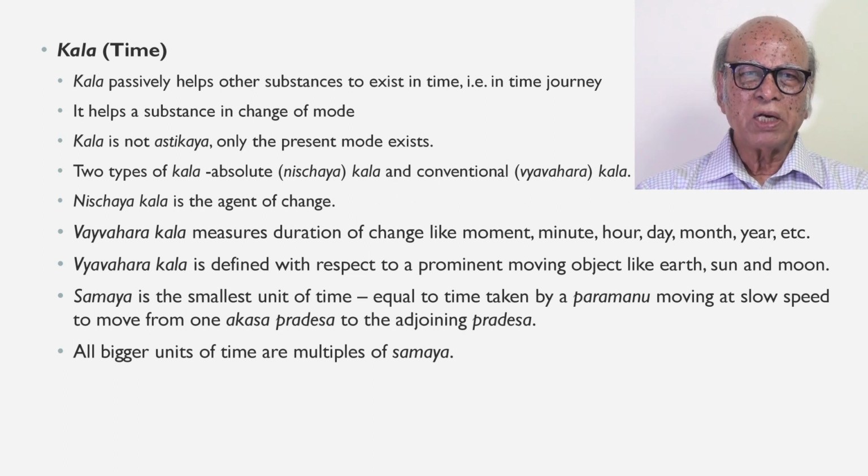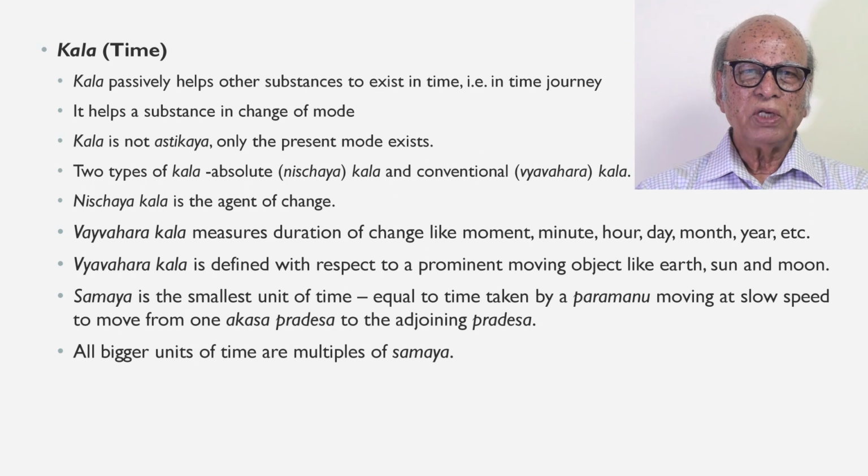What is the smallest unit of time? This also is defined in Jainism, and the smallest unit is Samaya. What is Samaya? The Paramanu is a moving entity. It moves in space, and it can move with different velocities, low, medium, high, and so on.